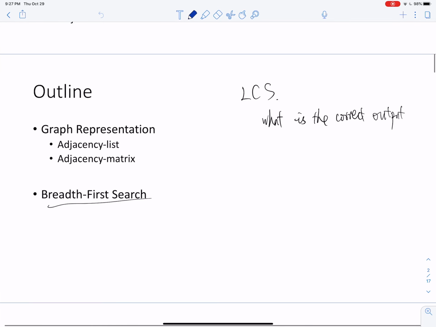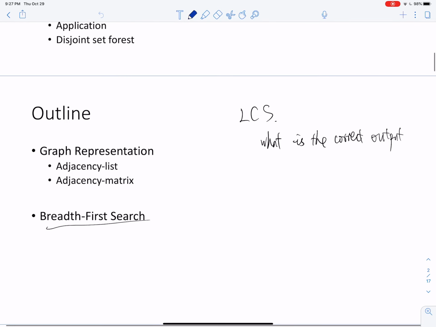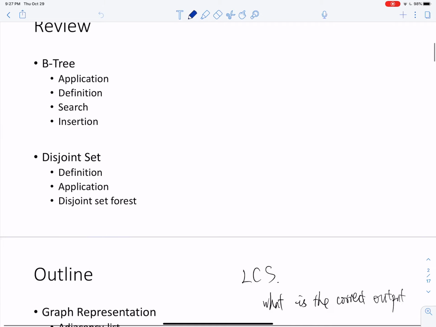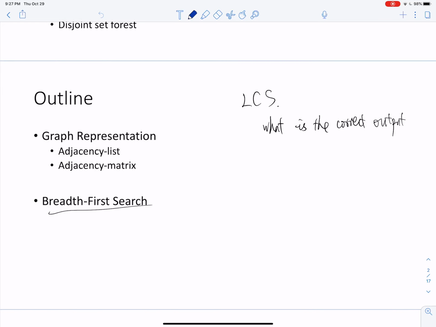We're going to go over this topic for 4 weeks, and we're going to learn in total 11 algorithms. It's a lot. Today we're going to first learn the representation of a graph, that is, how to represent a graph using a computer program. And then we're going to learn the first search algorithm in it, named breadth first search.